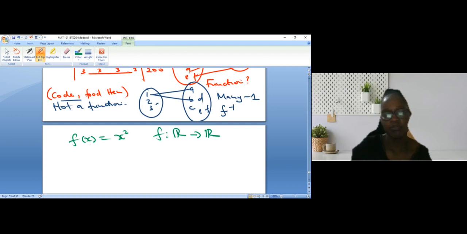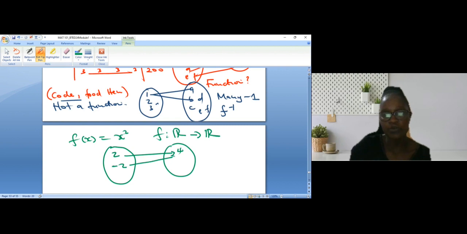This is not invertible because if, for example, I take the number 2, the number 2 goes to 4, and the number -2 again goes to 4. So if I revert, then I'll have 4 having more than one output. So it's not one to one.